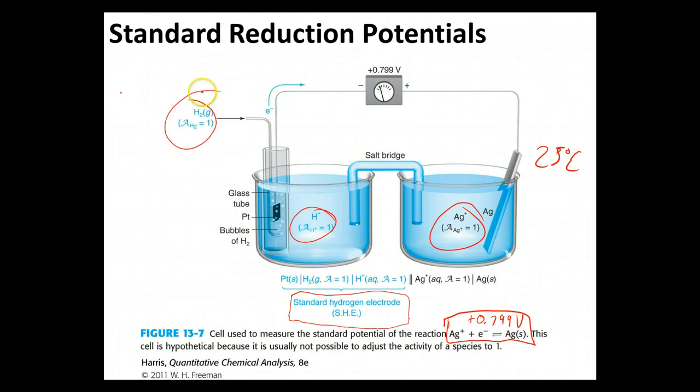We have to be under really specialized conditions for that, but we often won't be. So we need to be able to take these standard reduction potentials, which we'll summarize as E naught, and convert those using experimental scenarios to predict what the actual current voltage will be. That's going to be something that we're going to see in some of our other videos.